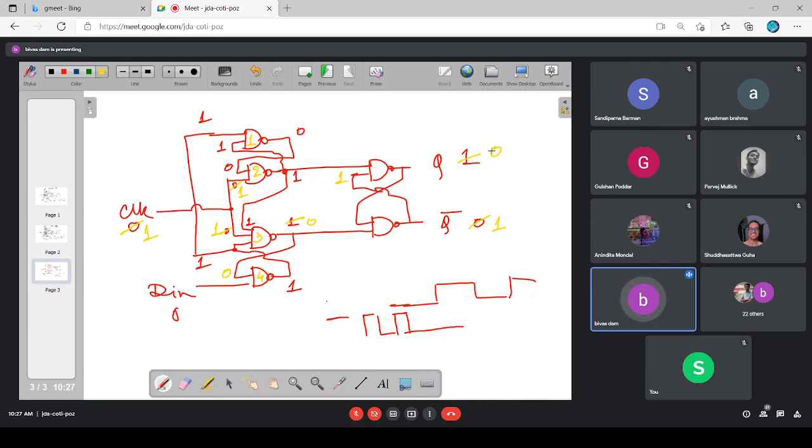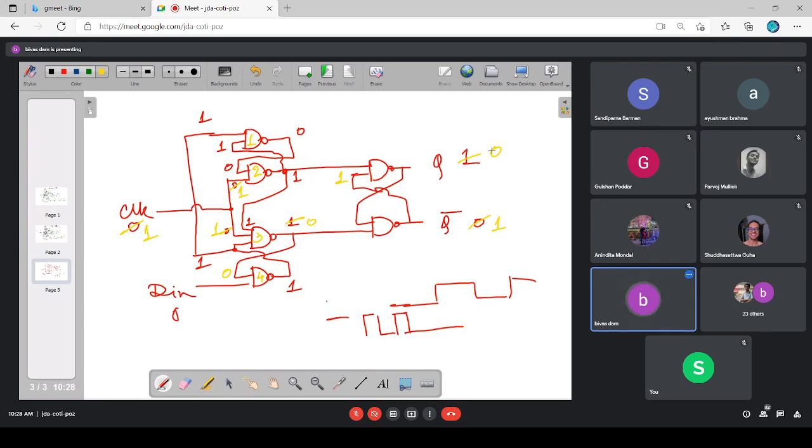So what we find from this circuit is that the output follows the input signal only at the rising edge of the clock. When the clock remains high or when clock remains 0, there is no effect of any input change at the output.